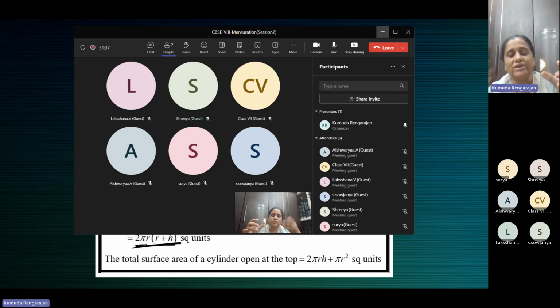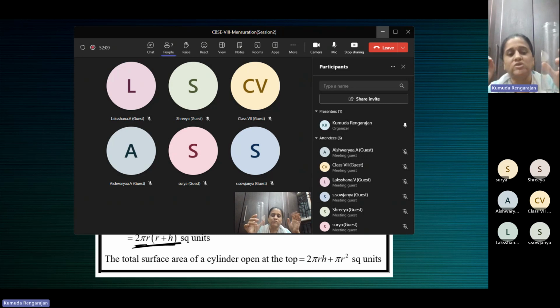When you're finding the area, you're finding the area of the material used. Now, where is the material used here? Whatever plastic is covered here for the CSA, and the circular part at the bottom is also covered. Top is open. So if you have to find the total surface area of the cylinder, we shouldn't be misled by the word total.